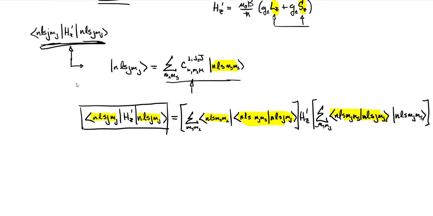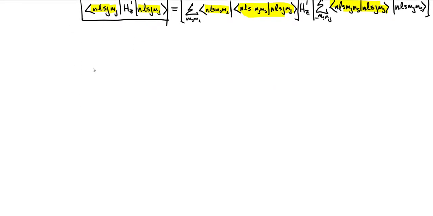So let's just look at a quick example, because I know that's kind of a lot to take in. Let's look at the n equals 2, l equals 1, s equals 1/2 state in hydrogen. If you remember, j can have all possible values from l plus s all the way down to the absolute value of the difference between those two.